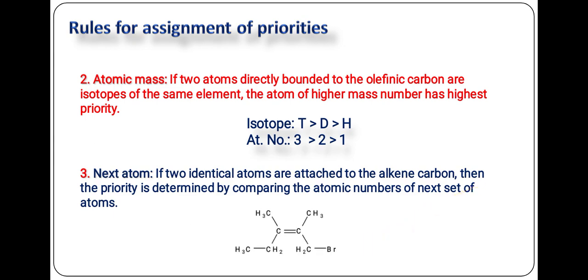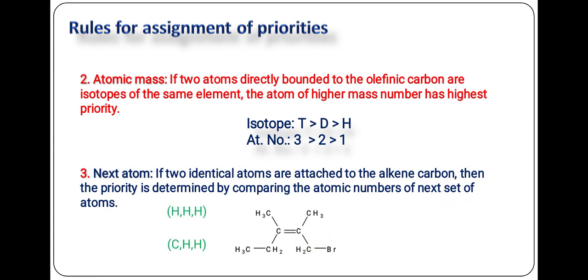Here CH3, C=C. That means if two identical atoms are attached to the alkene carbon, we have to compare the atomic number of the next set of atoms. Here CH2, CH2, and to that CH2, one CH3 is attached and in the other Br is attached. So you have to take the priority first of Br, not the CH3.